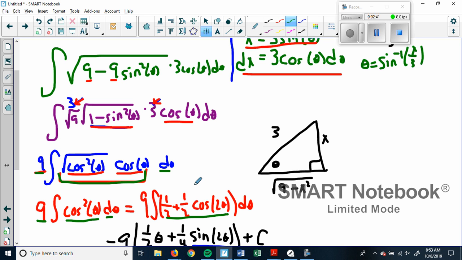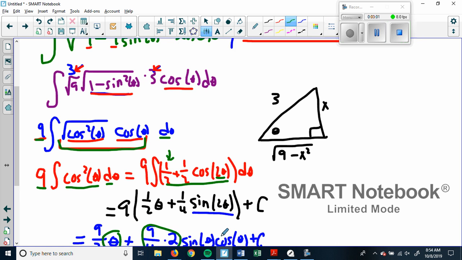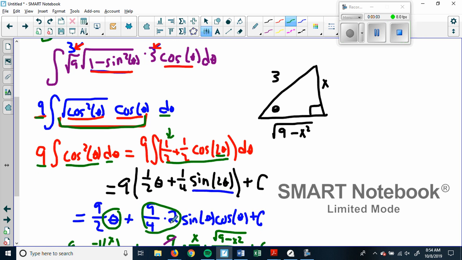And so then when we integrate that, a half becomes a half theta when we integrate. And this 2 theta right here makes us divide by 2. A half divided by 2 is this 1/4 here, and the integral of cosine theta is sine theta. So now we're going to distribute the 9.